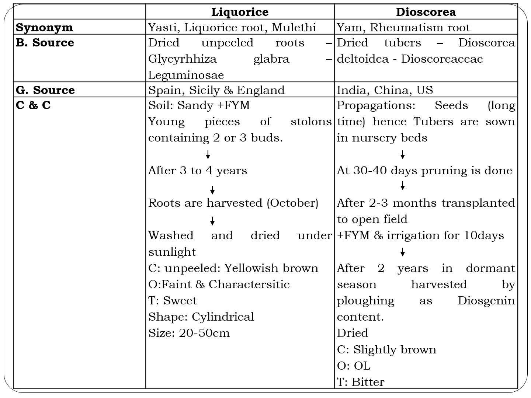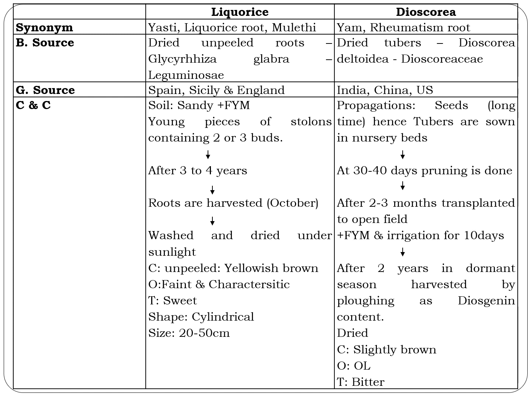The biosource of licorice is the dried unpeeled roots of Glycyrrhiza glabra belonging to the family Leguminosae, whereas in the case of Dioscorea, it is the dried tubers of Dioscorea deltoidea belonging to the family Dioscoreaceae. Licorice is widely distributed in Spain, Sicily and England, whereas Dioscorea is widely distributed in India, China and US.